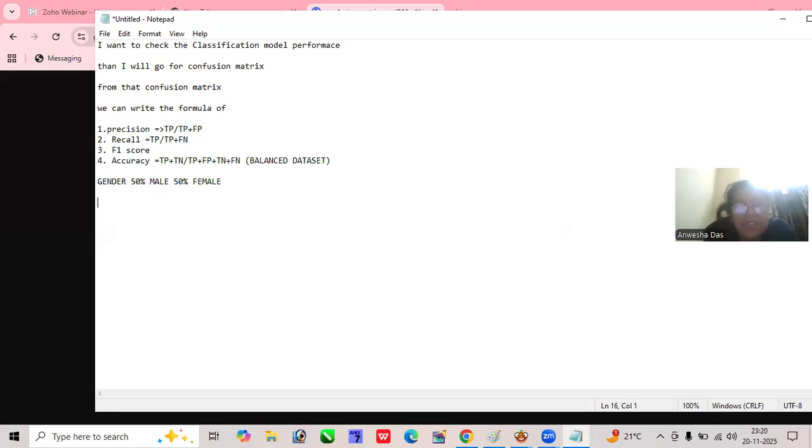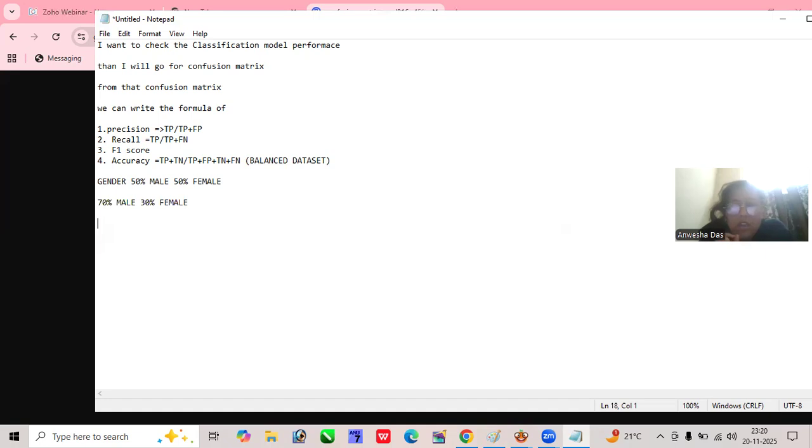Okay, now imbalanced means consider you have 70% male and 30% female. So this is the part of the imbalanced data set. When you have an imbalanced data set, then go for precision, recall, F1 score. It will give you better performance. Okay, don't go for accuracy.